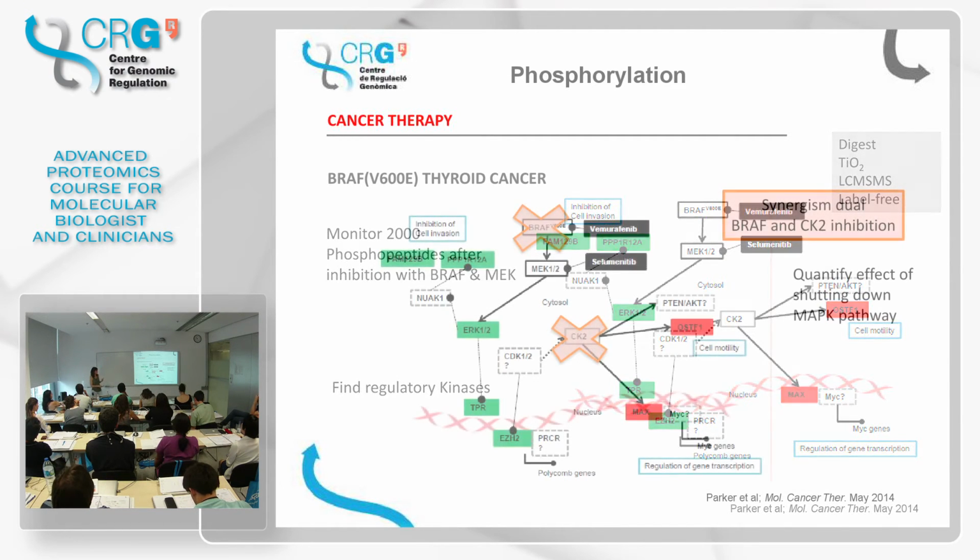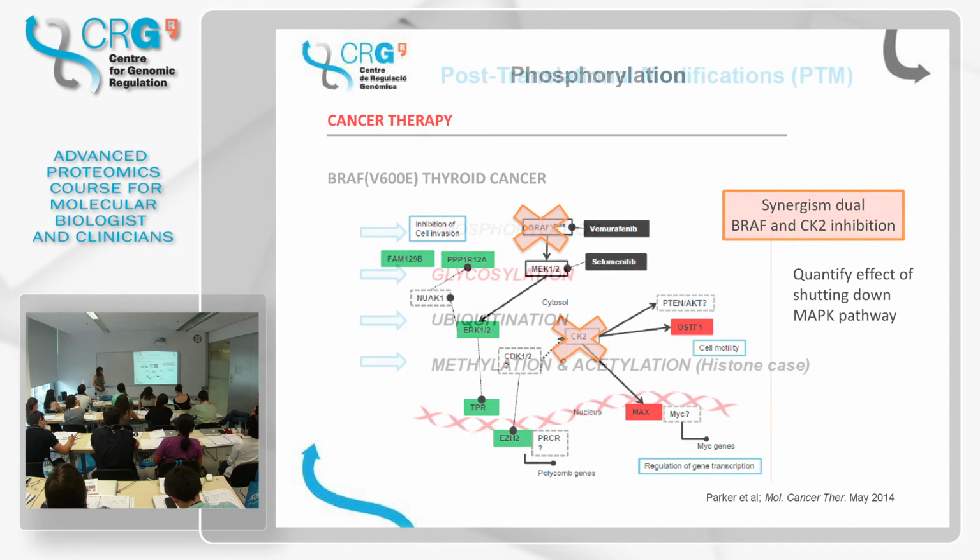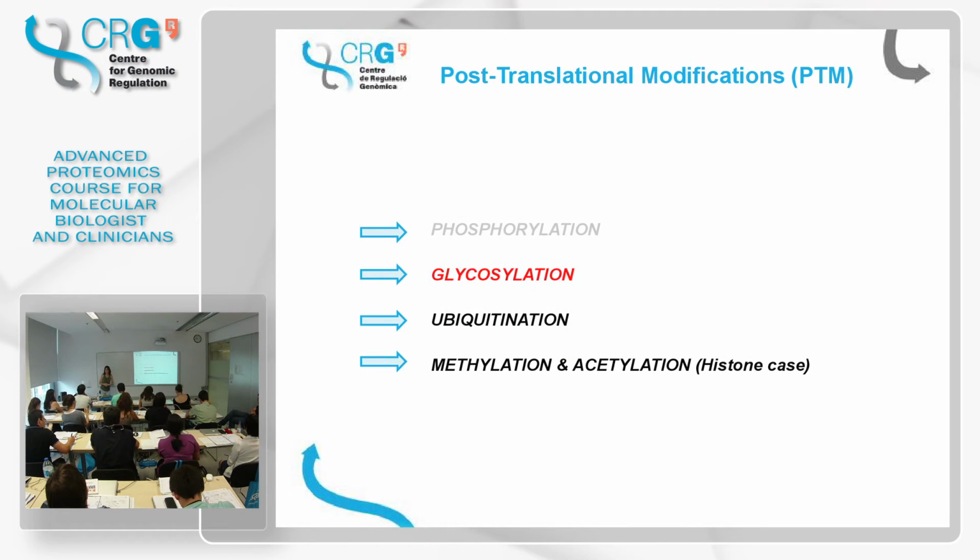So what they demonstrated is that by inhibiting these both kinases, they could see some synergic effect, and actually the proliferation of these cancer cells decreased. Okay, so with this, we can close the phosphorylation chapter.